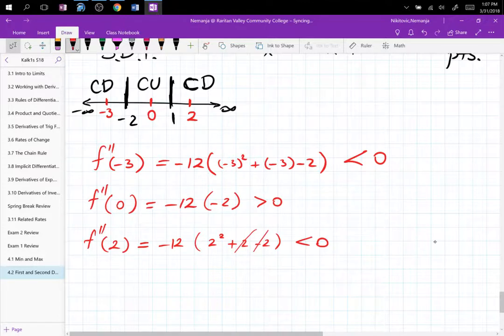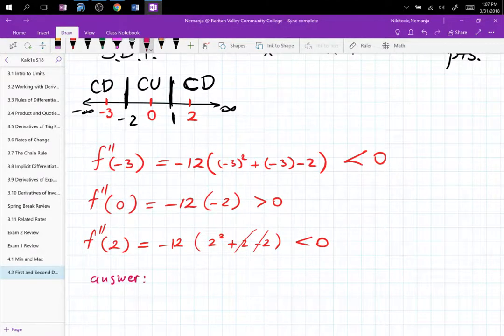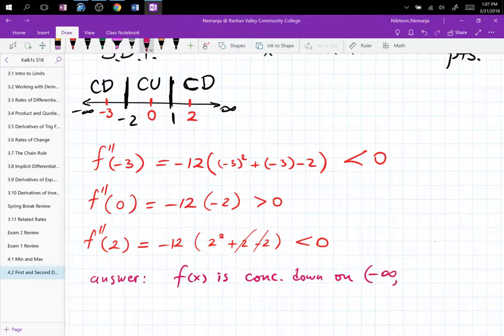Now you write your answer to the question. F of x is concave down on -infinity to -2 union 1 to infinity.